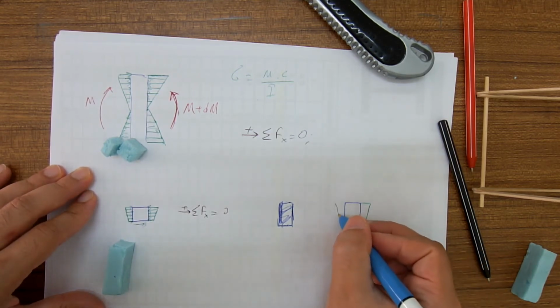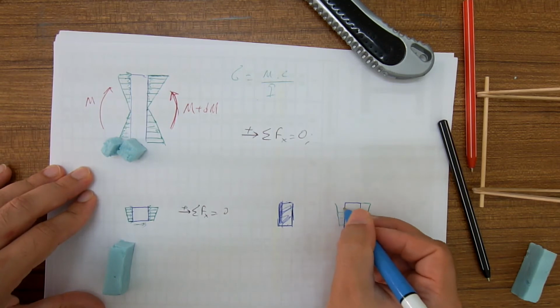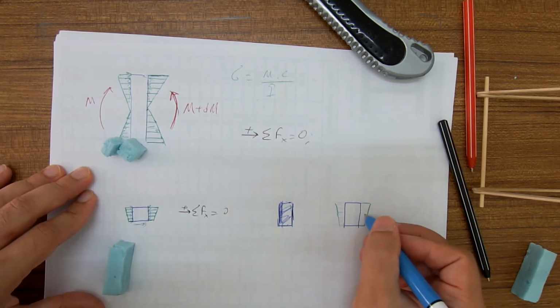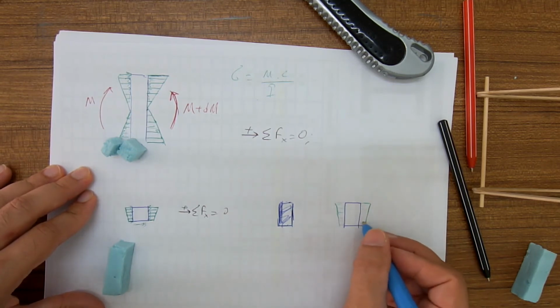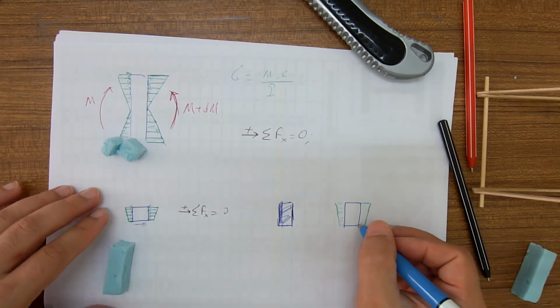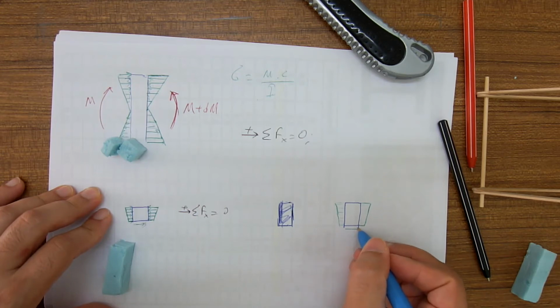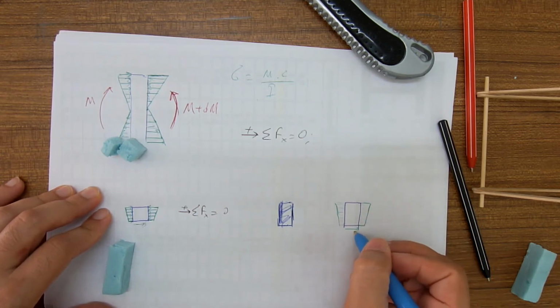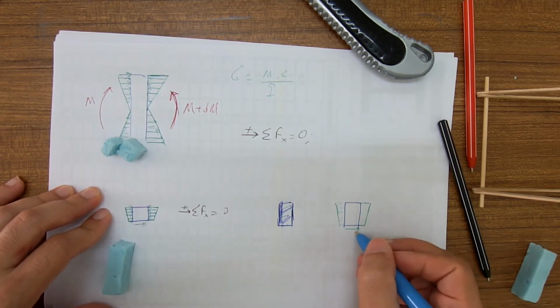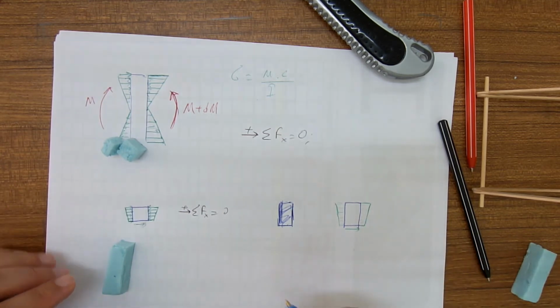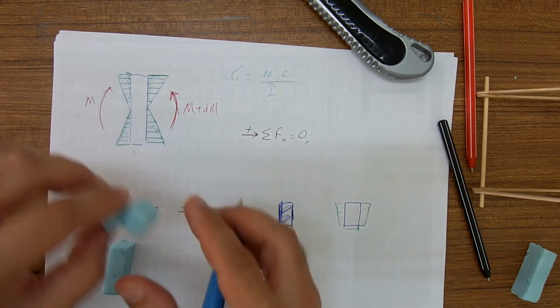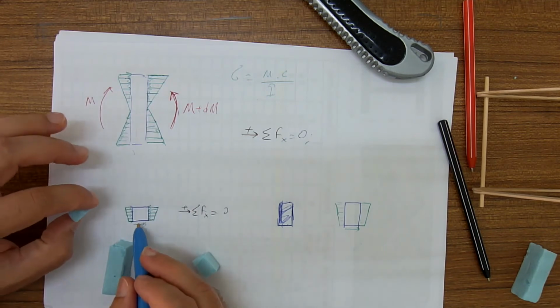Here the difference is even larger, because there is more arrows here. Therefore, the shear stress that is needed to keep the structure in equilibrium has gotten larger. So, as the segment is smaller, the shear stress is smaller.